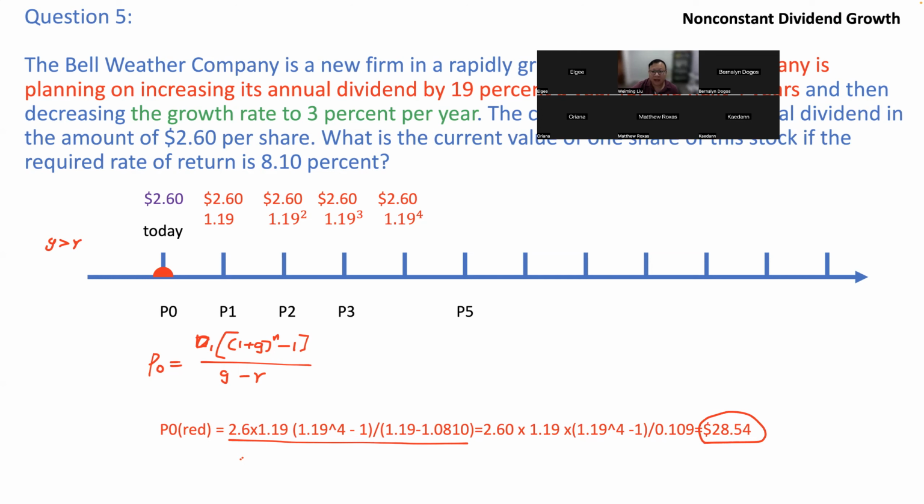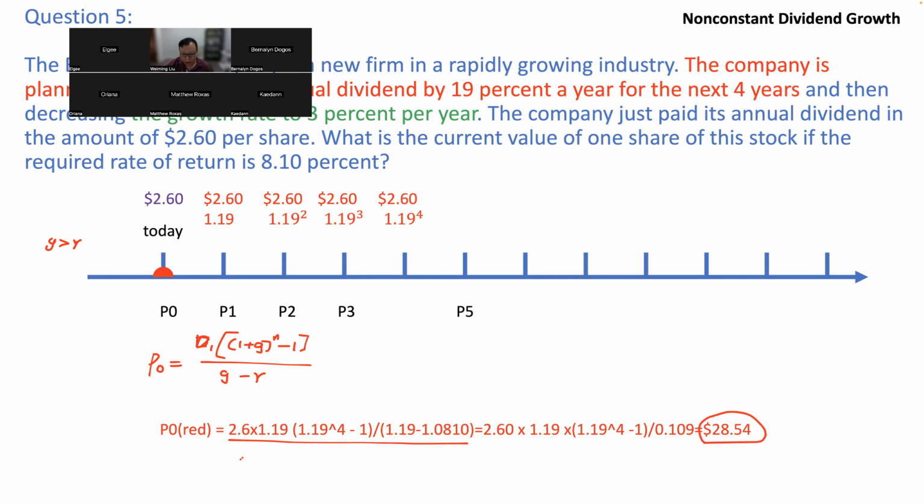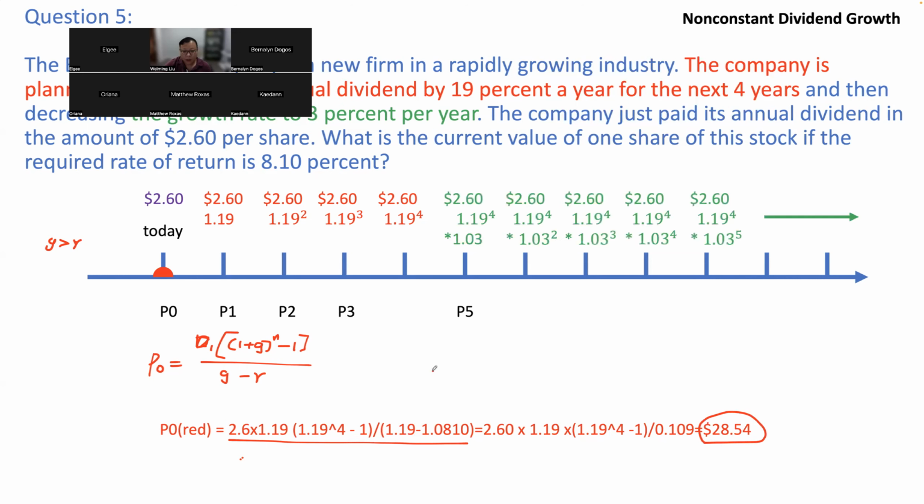Now let's take a look at the rest of the stream. Once you are done with these red ones, you move to the second stream. For this stream, the dividend growth rate is 3%. So how can we calculate this? I know the payment starts from here, the second green color payment.